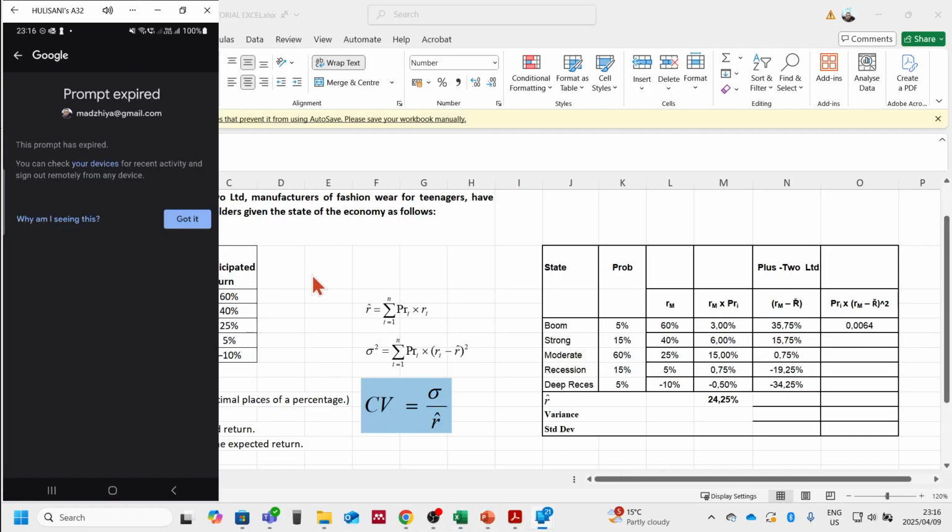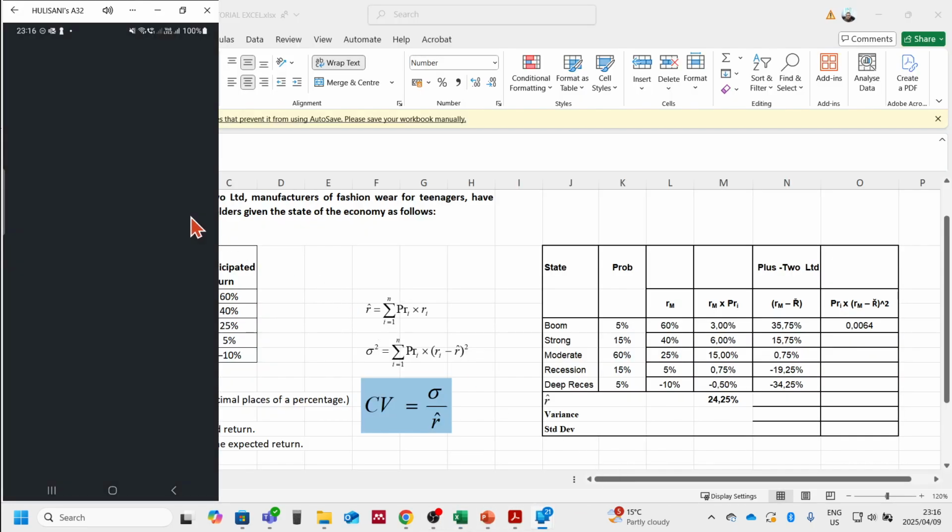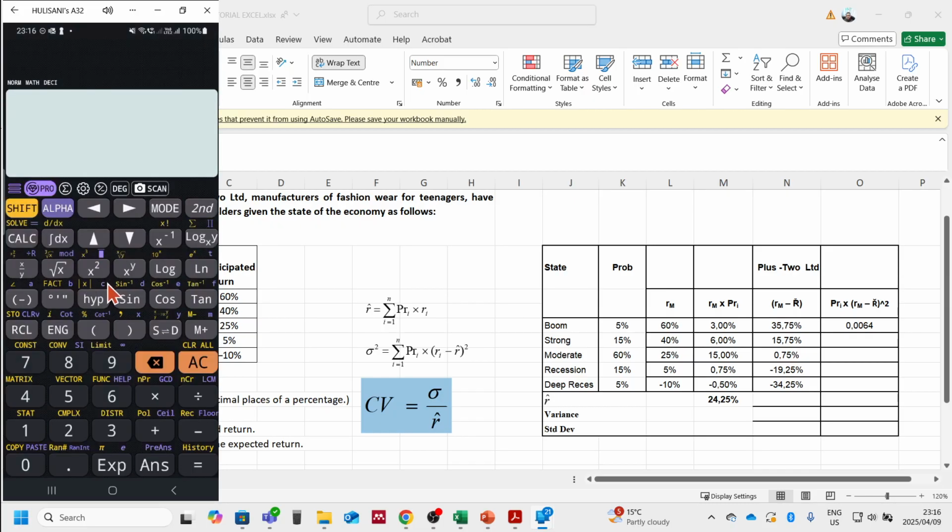So just to quickly show you something over here. If we say 100 multiplied by 100, this will give us 10,000. So this tells us that when we square the deviation from 35.75%, our final figure will be in 10,000 format.